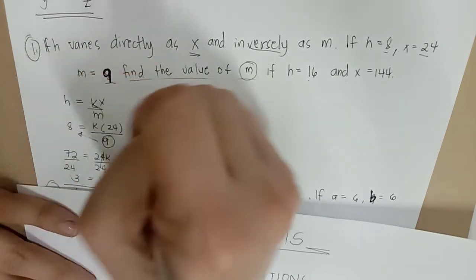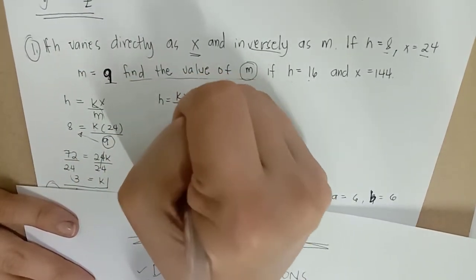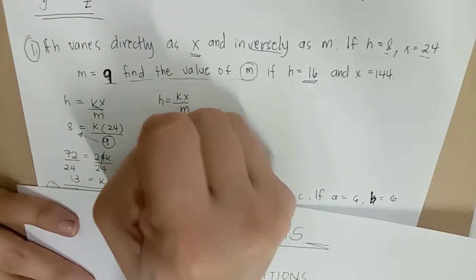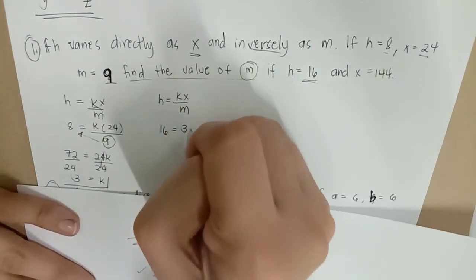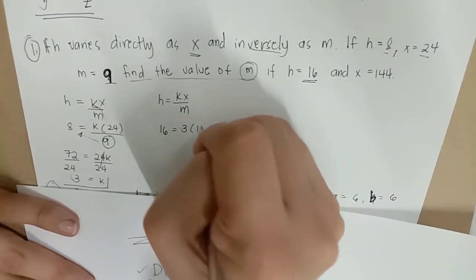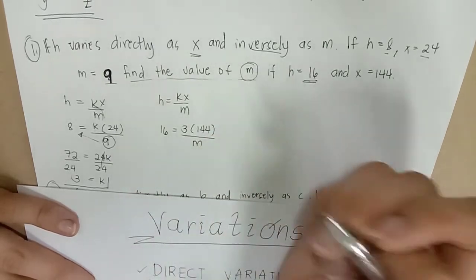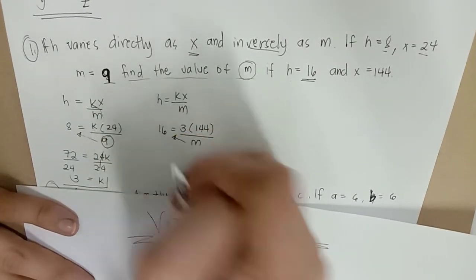So, using pa rin po the same formula, substitute lang po natin. Yung h daw po natin ay 16. Ang k po natin is 3. Ang x po natin is 144 divided by m. So, parehas lang din po ng ginawa natin dito. Multiply lang po natin yan.